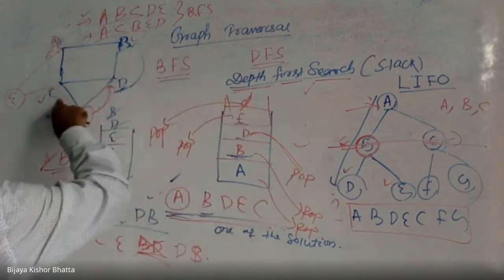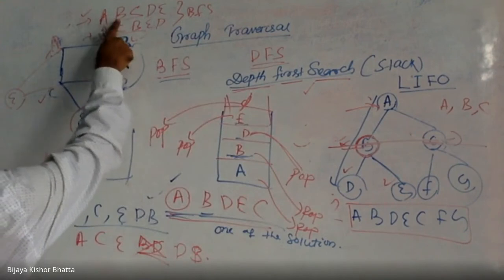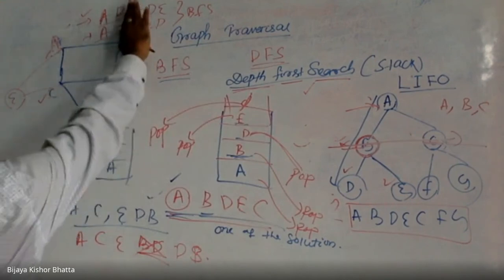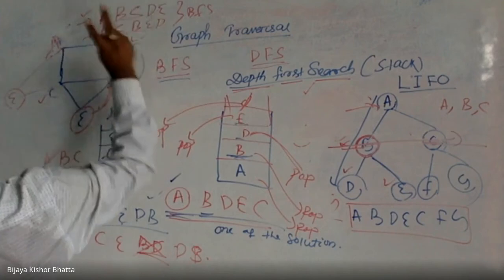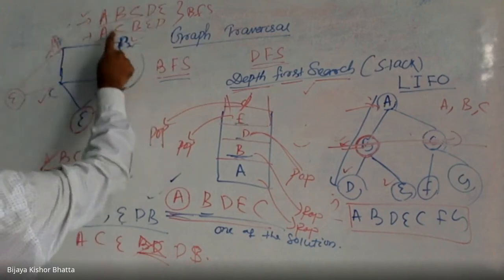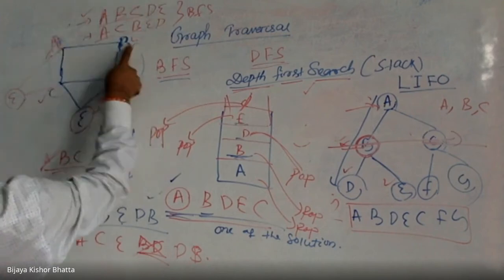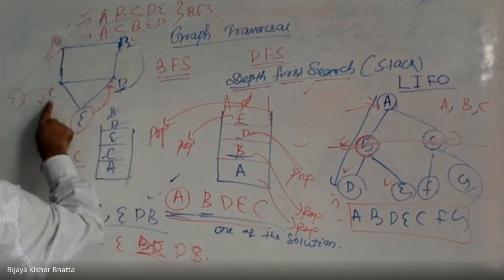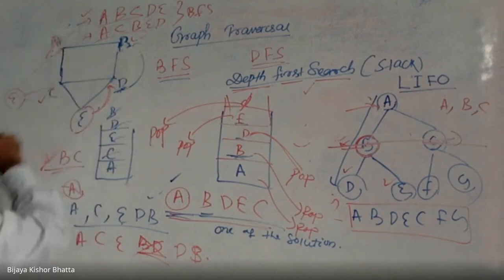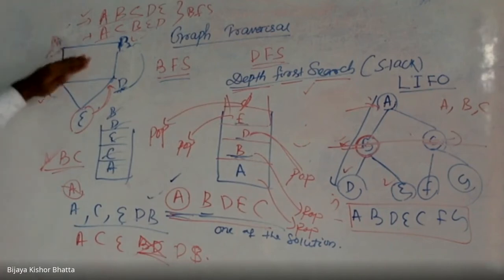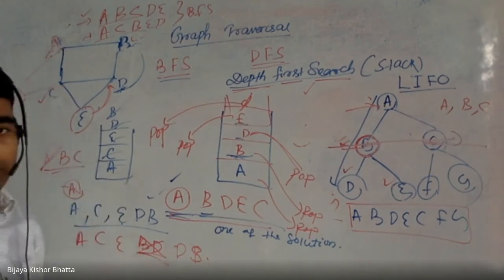Let's stick to only two vertices. I can have a solution AB because A is connected to B, or A is connected to C, or I have a connection A to E. So this is one of the possibilities.